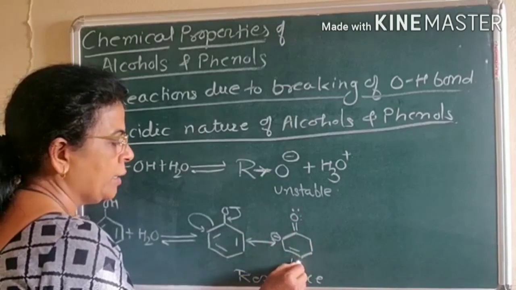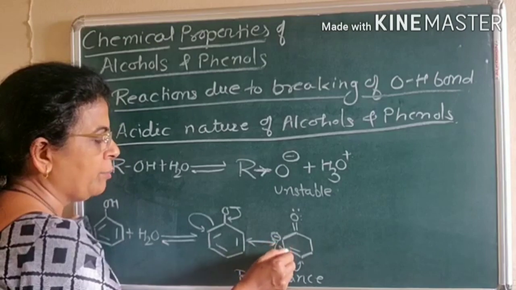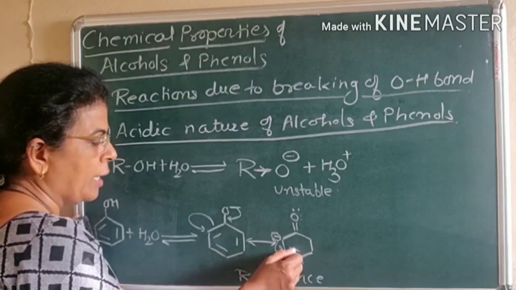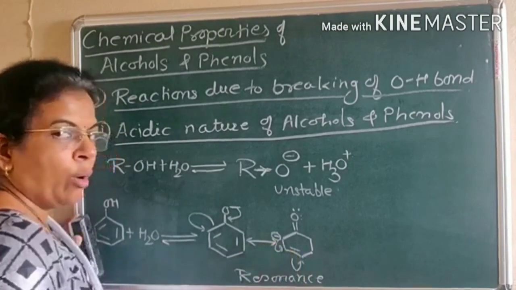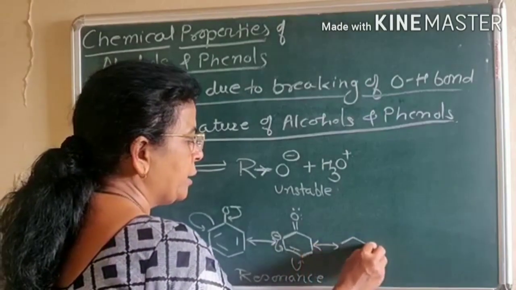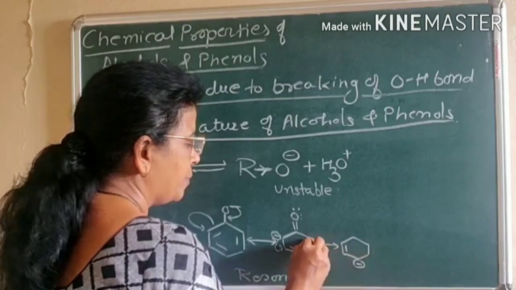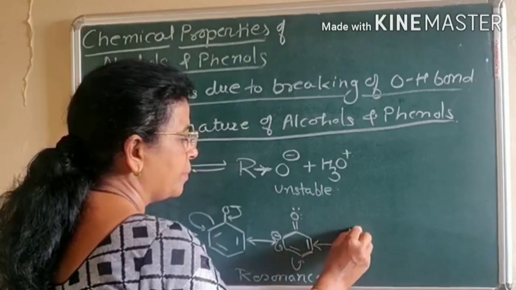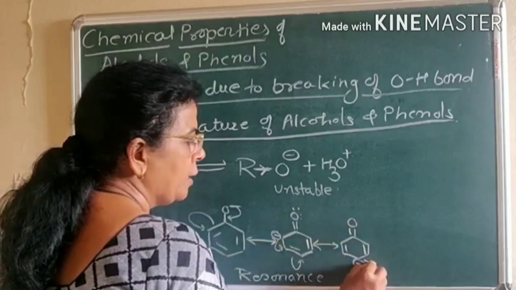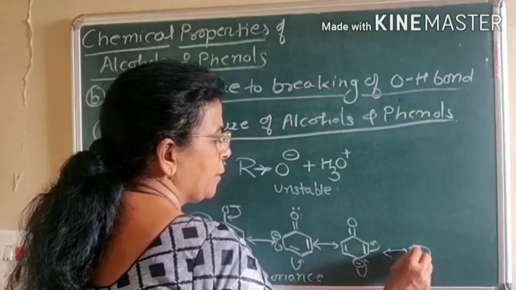Then again the next resonating structure is like this. The electron pair gets shifted between these two carbon atoms, and the pi electrons shift onto the para carbon atom to form the next resonating structure. Then again the same to give the next resonating structure.